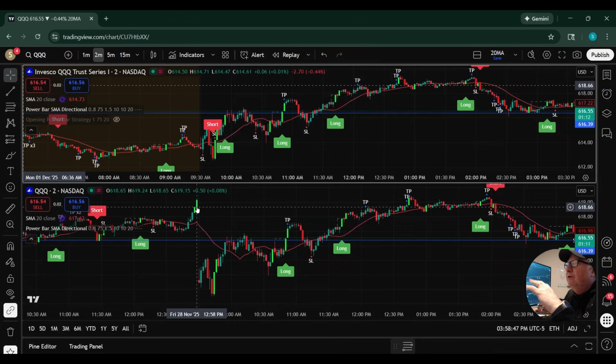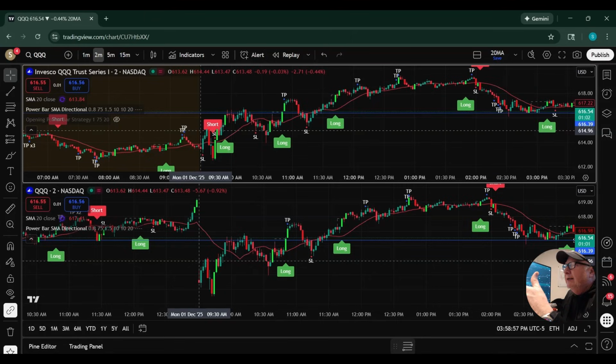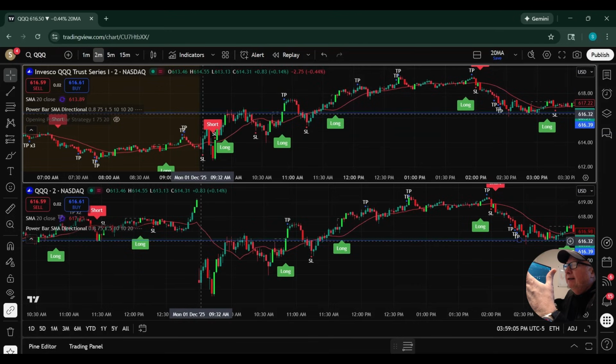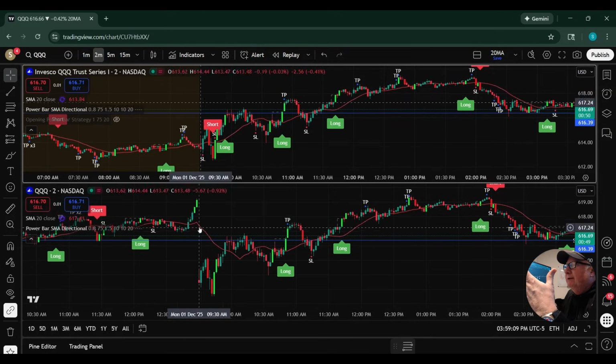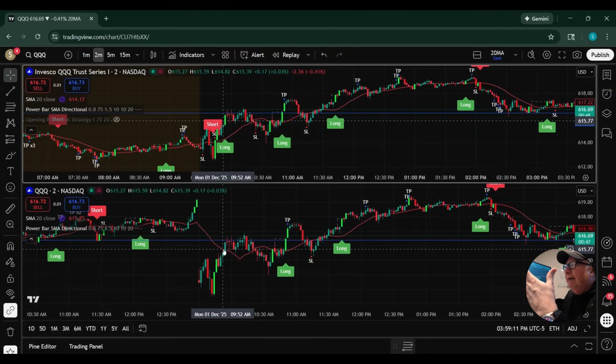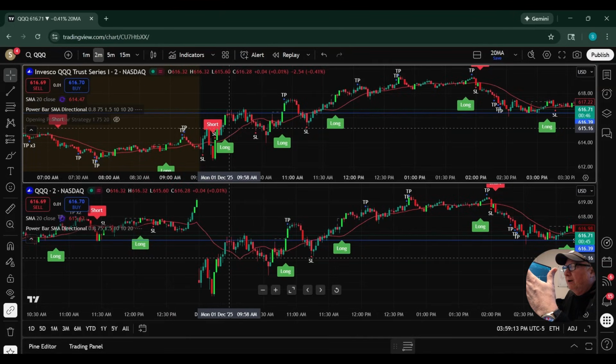The close on Friday was just over 619, again in the Qs, and we opened today at 613 and a half. So basically $5.50 difference. So this gap made for this 20 simple moving average moving lower.